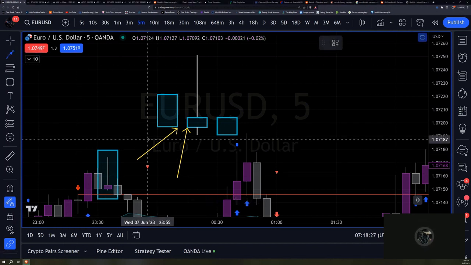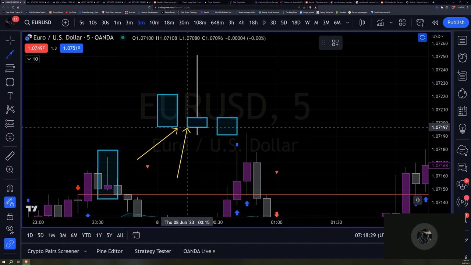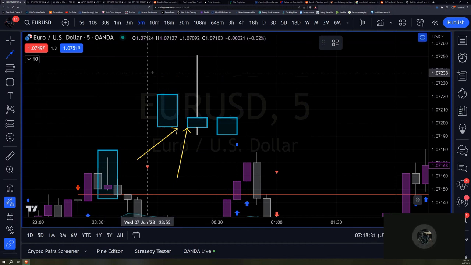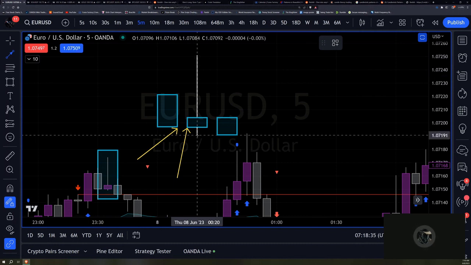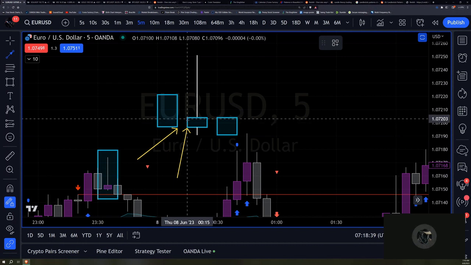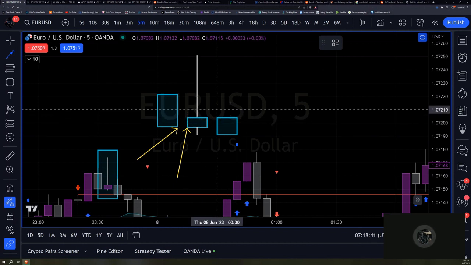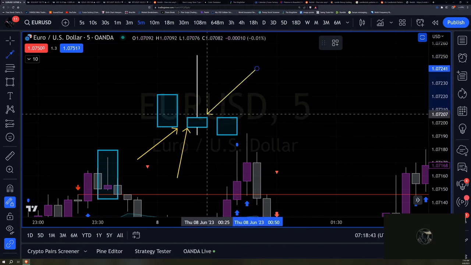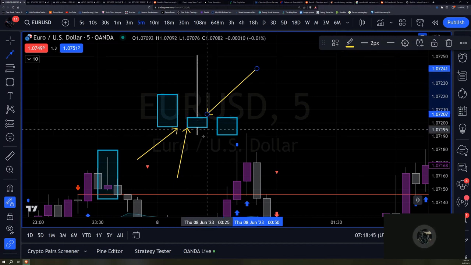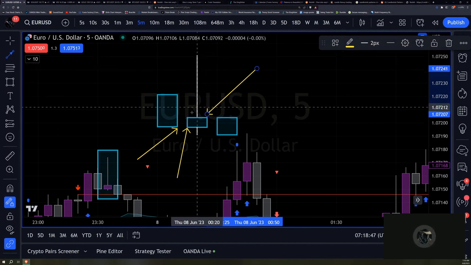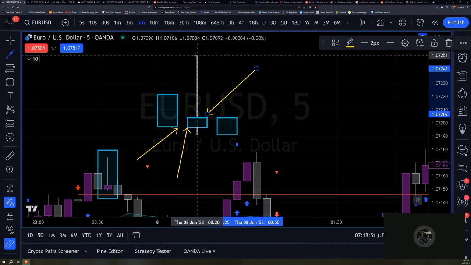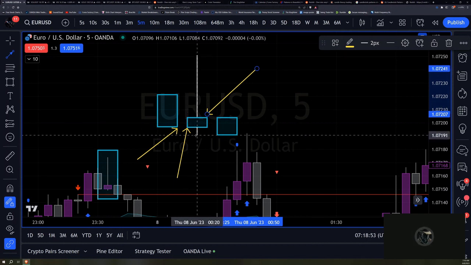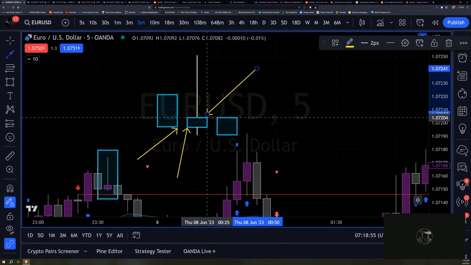Like I say, price exited there, entered right there, and then at some point made it all the way to the top of this wick, and at some point made it all the way to the bottom of this wick. But in the end, it exited here. Price could have gone anywhere, 10 times to the top, 28 times to the bottom, it doesn't matter. What matters is that at some point it was at the top of the wick, at some point it was at the bottom of the wick, and then it exited at the top of this candle.